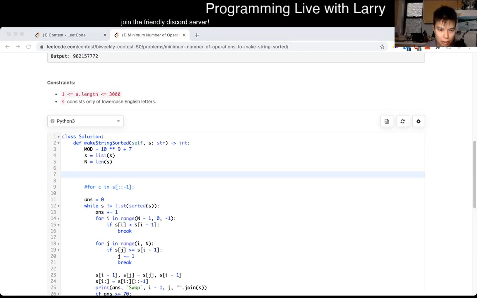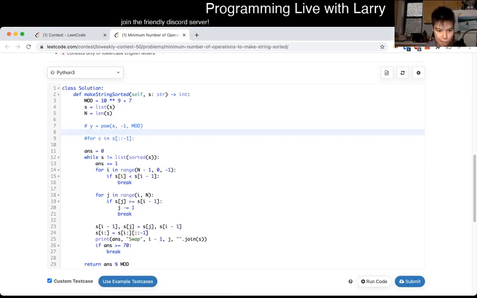I always forget how to do modular inverse. Okay.